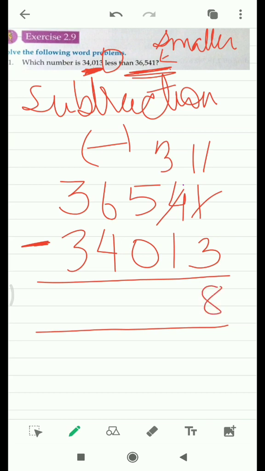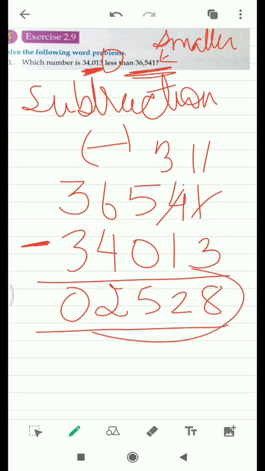So let's just subtract them now. Since 1 is smaller than 3, we need to borrow. 11 minus 3 comes out to be 8. 3 minus 1 is possible, so no need to borrow now. 5 minus 0, this is 5, and you are taking nothing out of 5, so it will remain 5 only. 6 minus 4, 2. 3 minus 3, 0. So this is the number which is 34,013 less than this number.